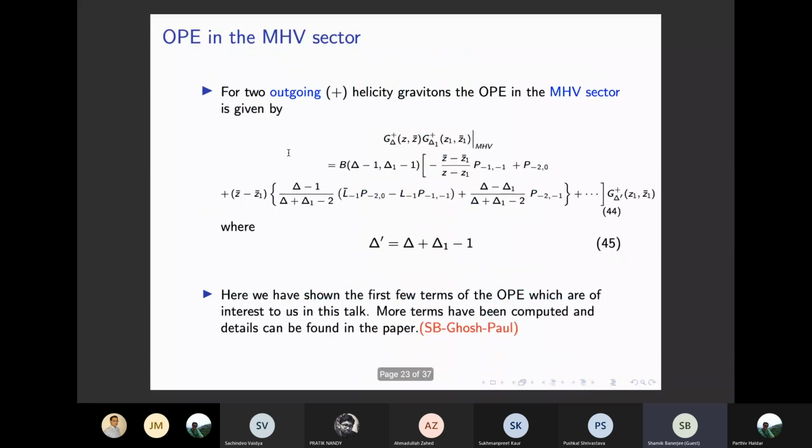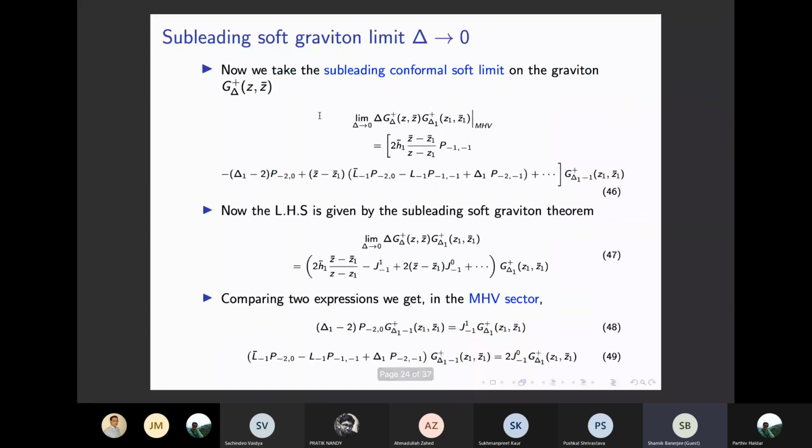We have this particular OPE expansion, and now we can make this G plus delta soft. How do we do that? We pick up the contribution from the pole at delta equal to zero, and that gives me this.